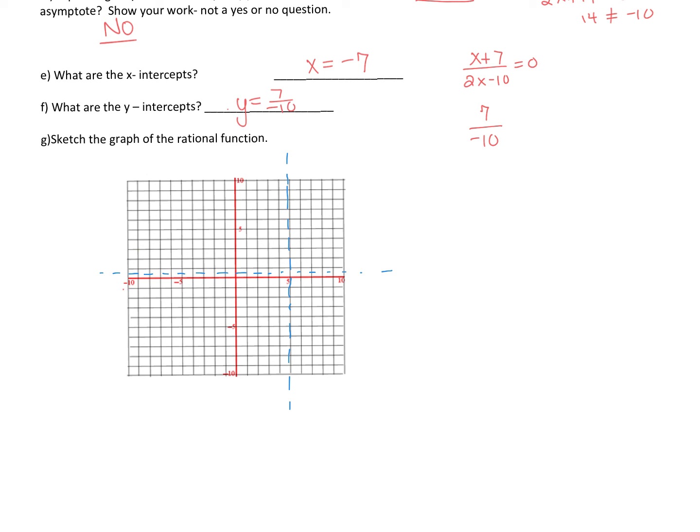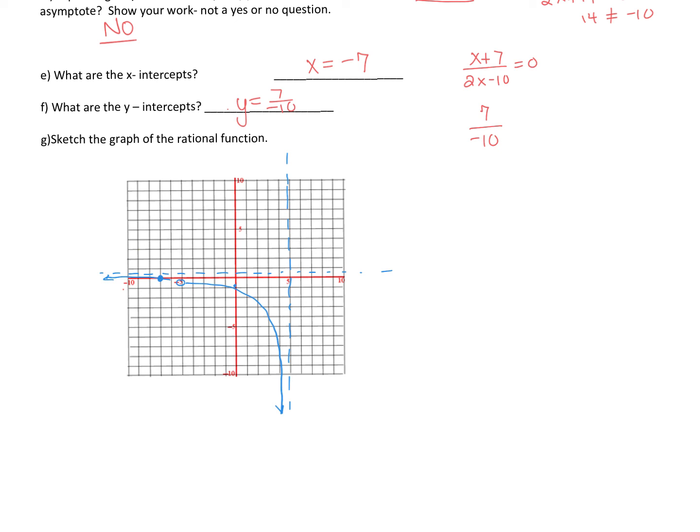We had a hole at negative 5, negative 0.1. Our graph is kind of small, so we'll just put a circle there. We have an x-intercept of negative 7 and a y-intercept of negative 7/10. So we have one piece of our graph looking like this.